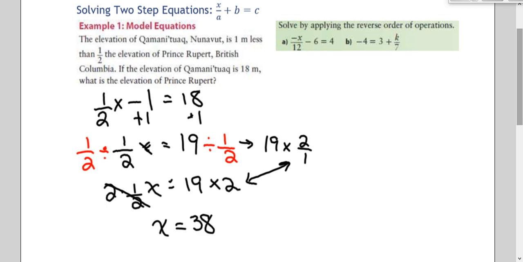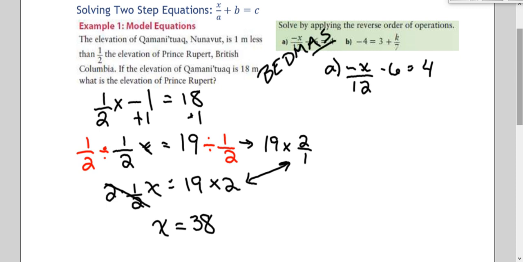Okay? So then solve by applying the reverse order of operations. That's the key thing. So we get negative x over 12 minus 6 is equal to 4. So if we think of BEDMAS, we need to do this first.